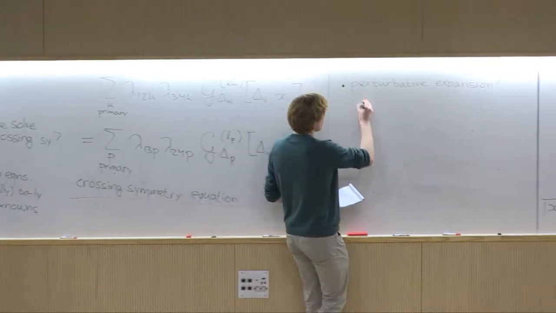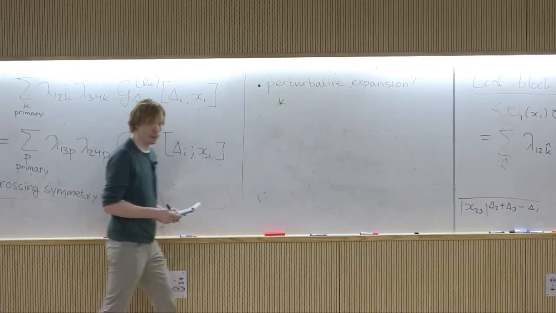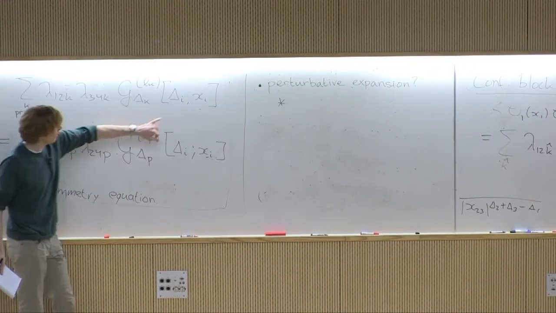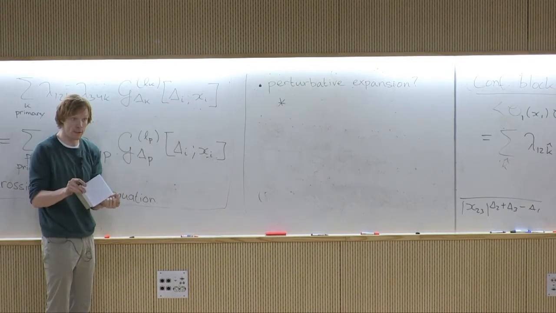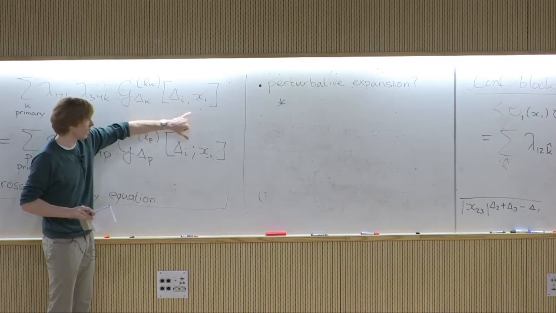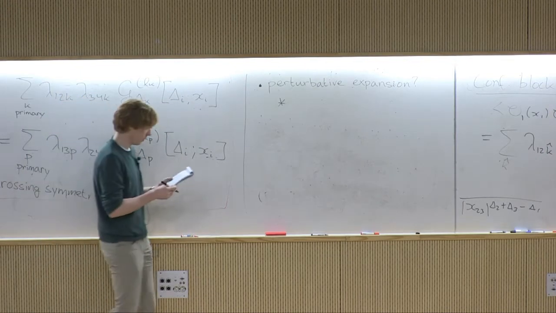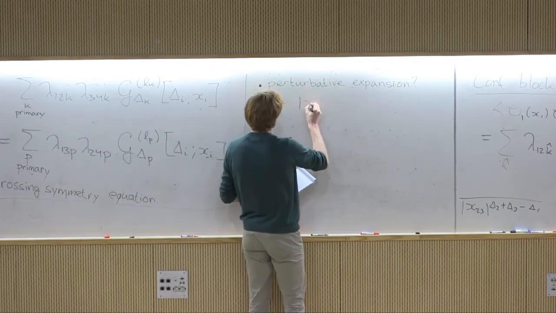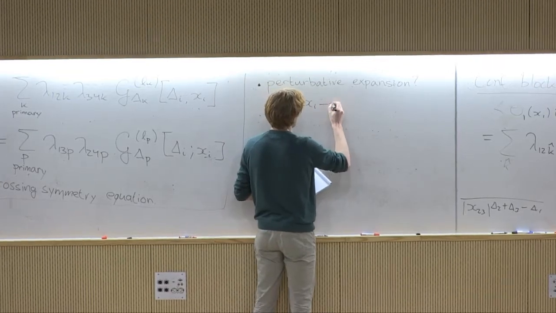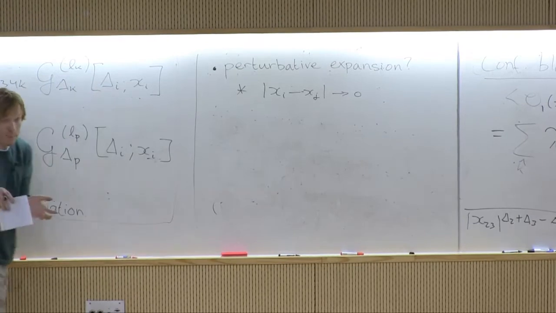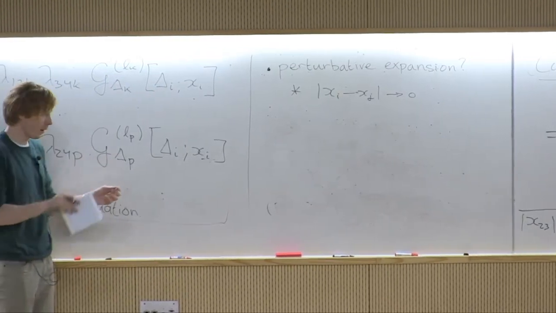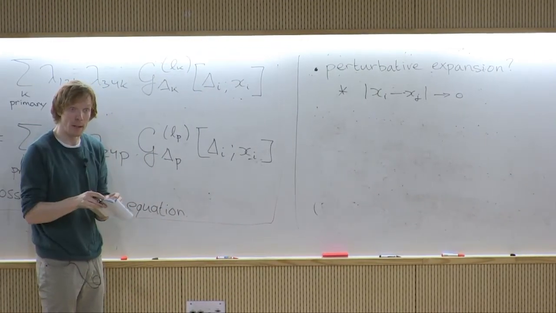But one thing you can try, and this is in fact something that people have tried, is do an analysis where you take the x's very close to each other. So you can take xi minus xj close to 0 in some limit, maybe a limit where they come close to 0 in Euclidean space.